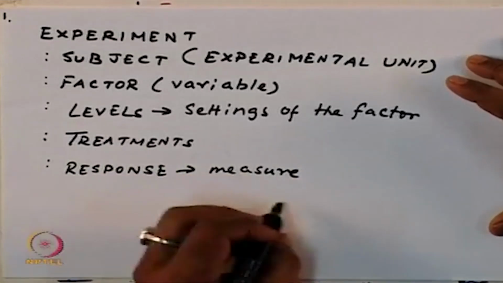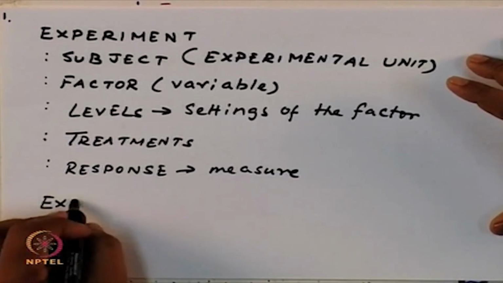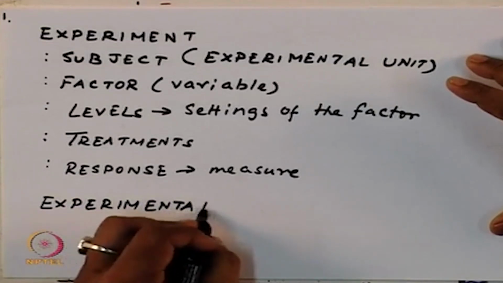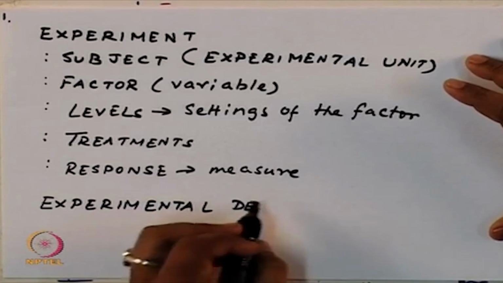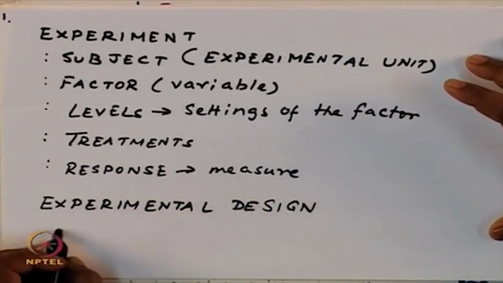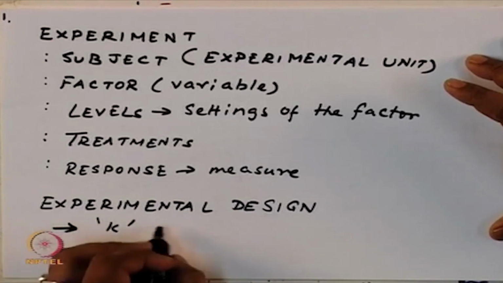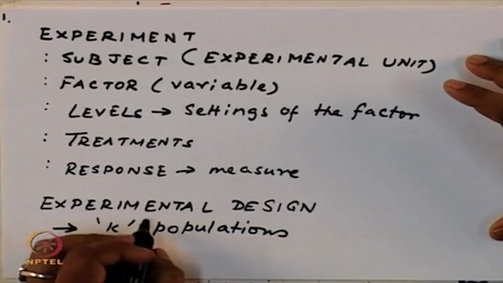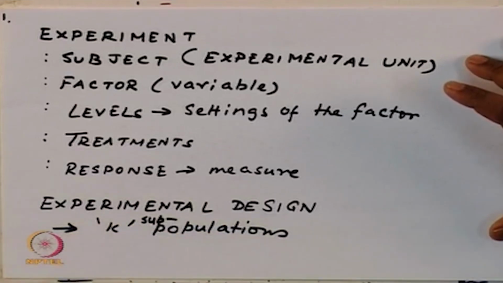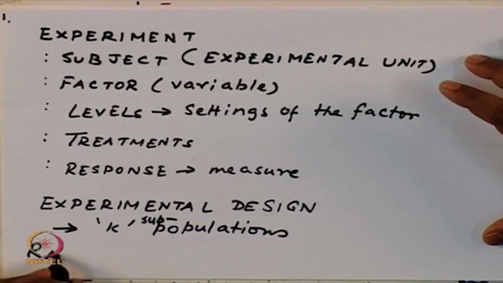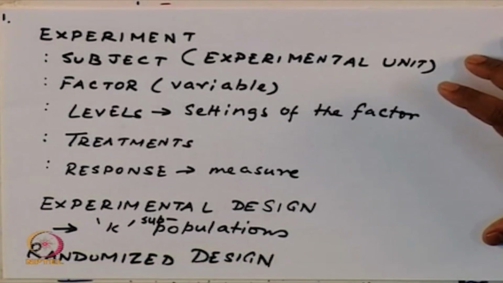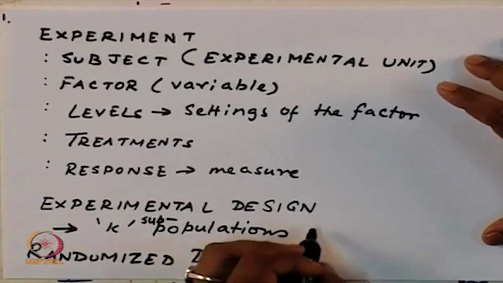So, in experimental design, there are various ways of doing it. Imagine you have k populations or k subpopulations. For a randomized design, you choose random samples.